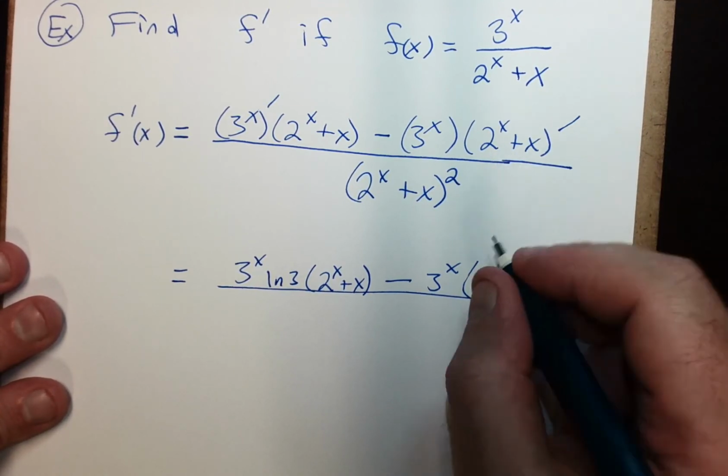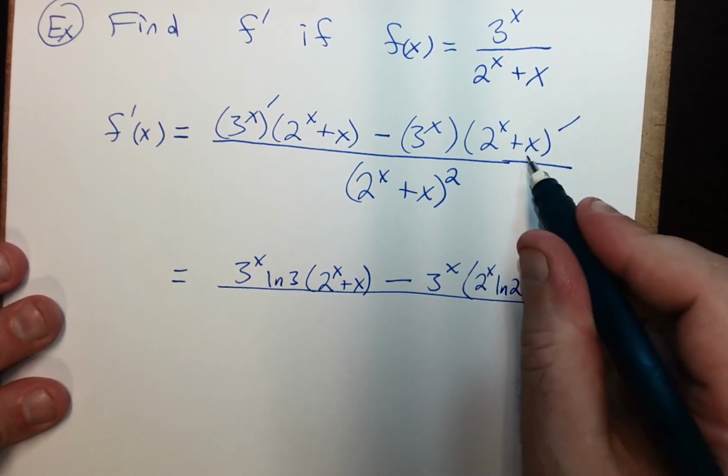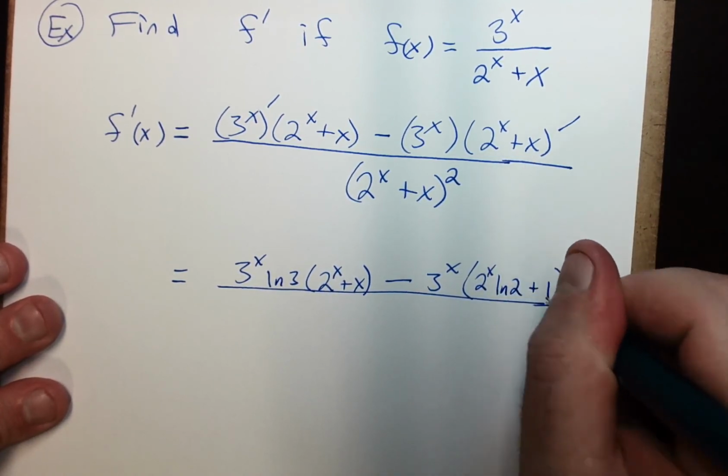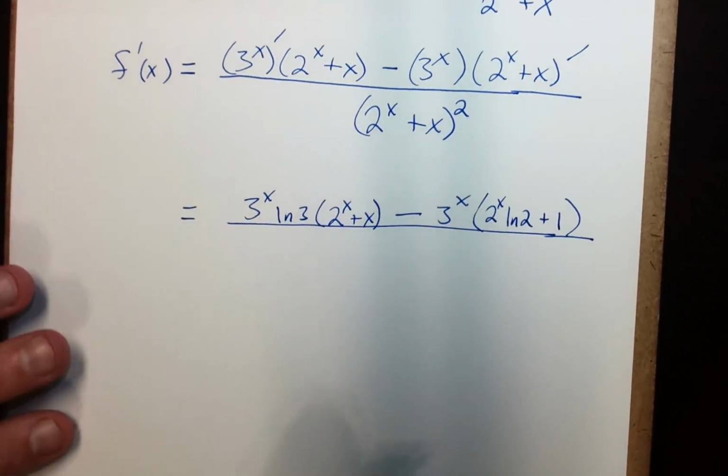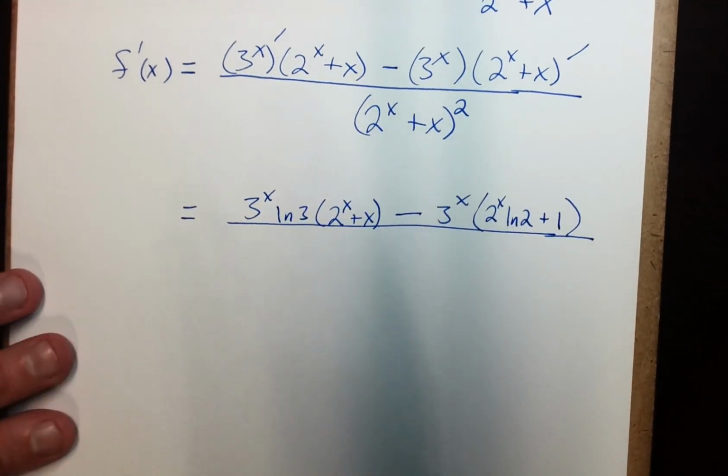So that's what my quotient rule says to do. And then to finish this off, all I have to do is take two derivatives here, the two things that have a prime on them.